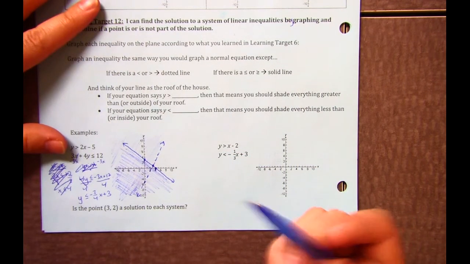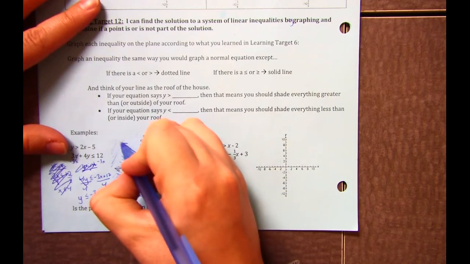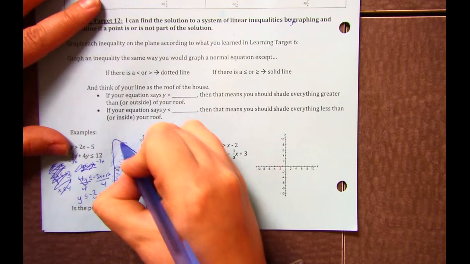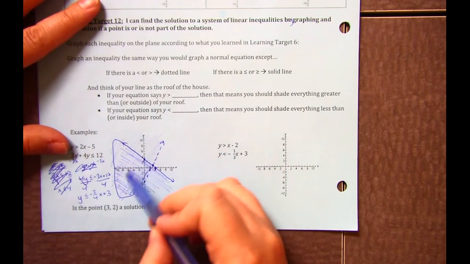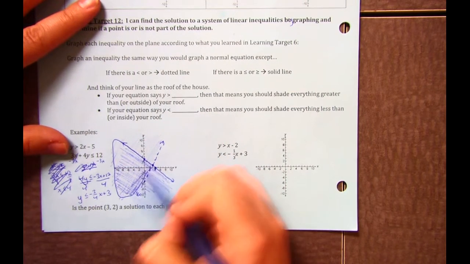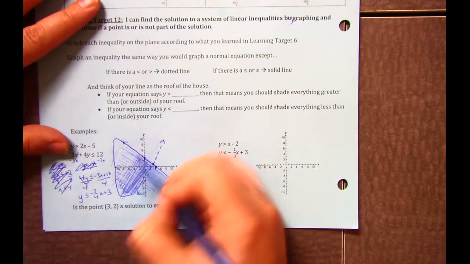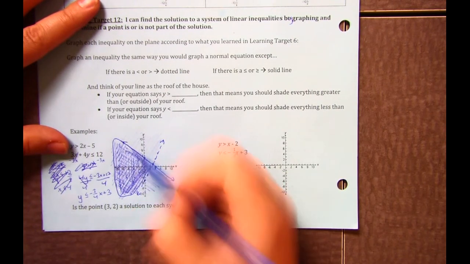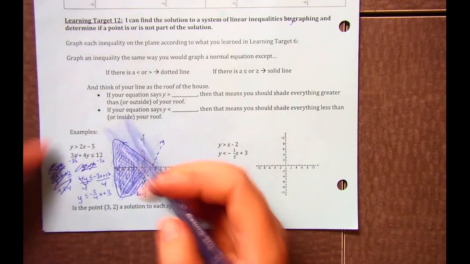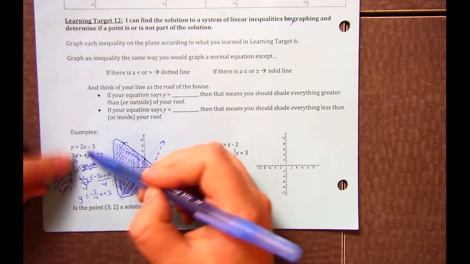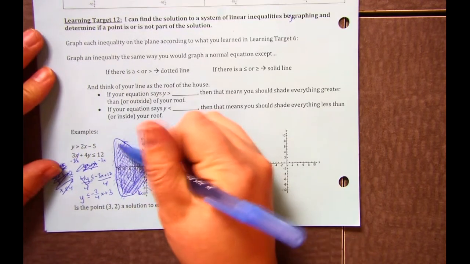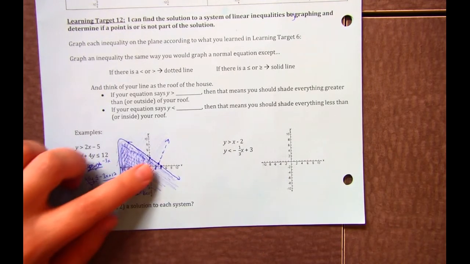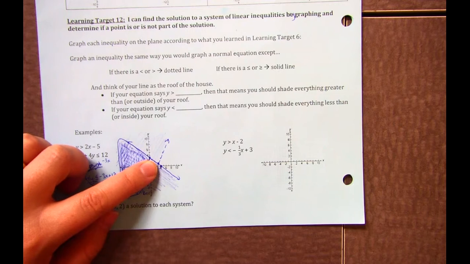So the solution is actually this area over here. All of this is where the shading crosses. We're going to shade that extra dark here. And this represents all the points that would be a solution to both of these inequalities. So our solution set is all of those points, not just the point on the intersection of the line.